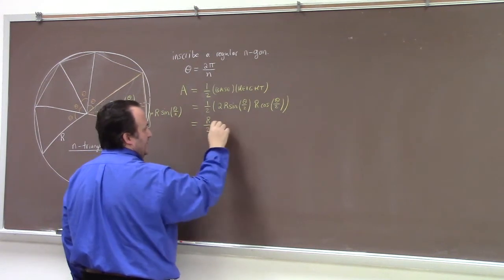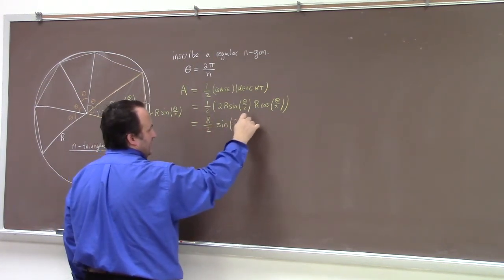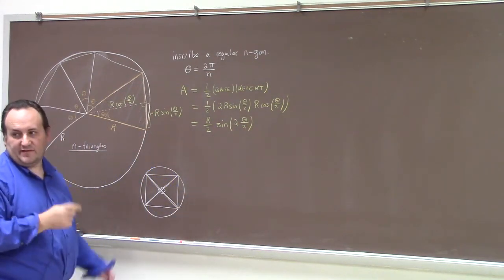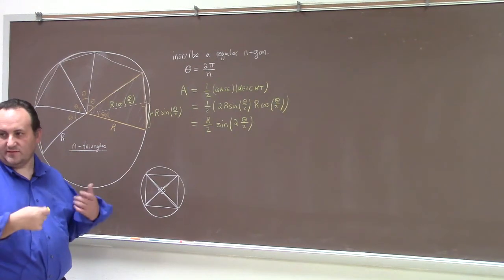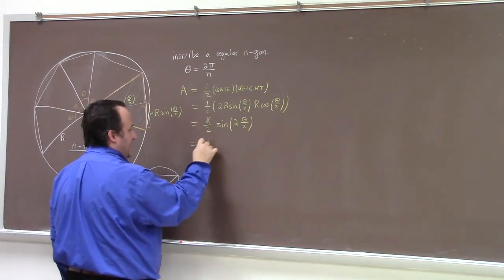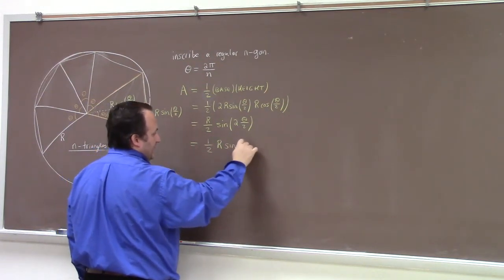And by trigonometry, that is the sine of twice theta over 2, right? Because sine cosine times 2 is sine of 2 times the angle. Here the angle's a half. So anyway, this gives us 1/2 r squared sine theta.